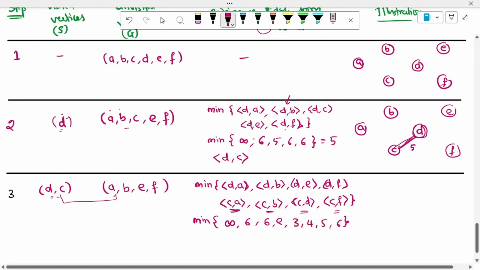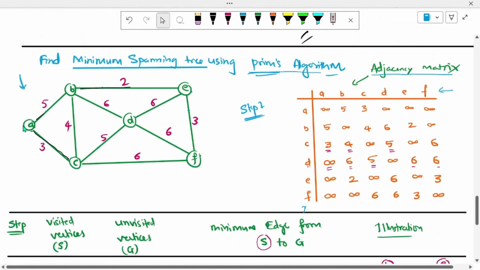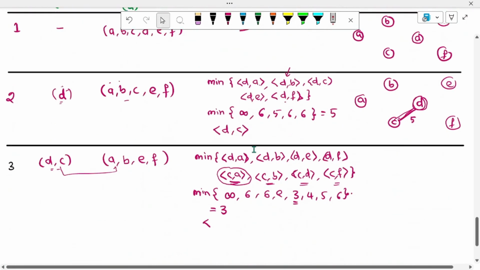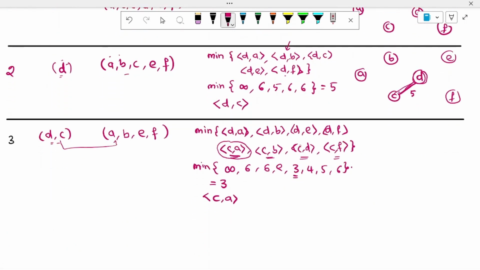From this, the minimum is obviously going to be this one. Therefore the minimum is equal to 3, and here we are going to choose this particular edge, that is CA. If you go and see, CA is going to be 3. So we have got CA now, and we can draw it in the illustration.